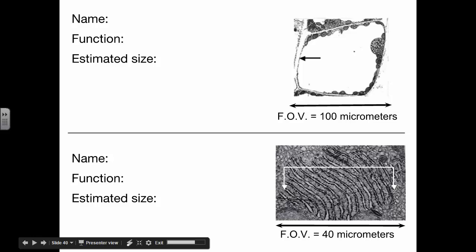All right, what organelle? Anyone know what this organelle would be? There's a couple pieces of information that would be helpful. What organelle would this be? Why did you say cell wall and not membrane? You're right. Well, yeah, but if this were an animal cell, it wouldn't be a cell wall.